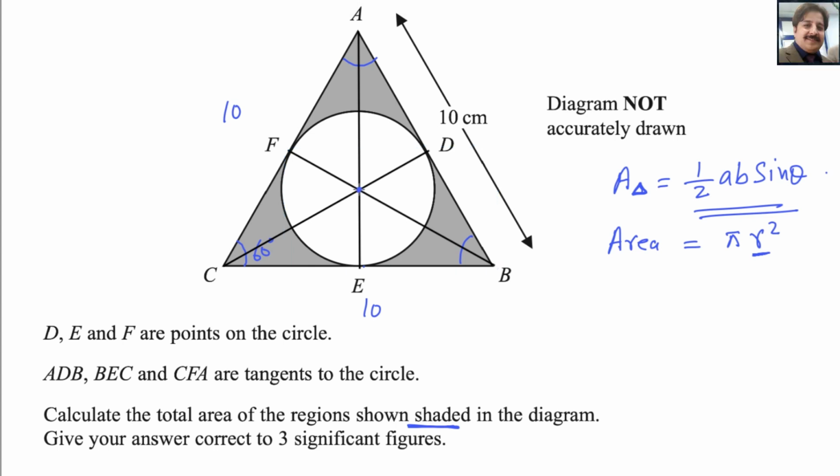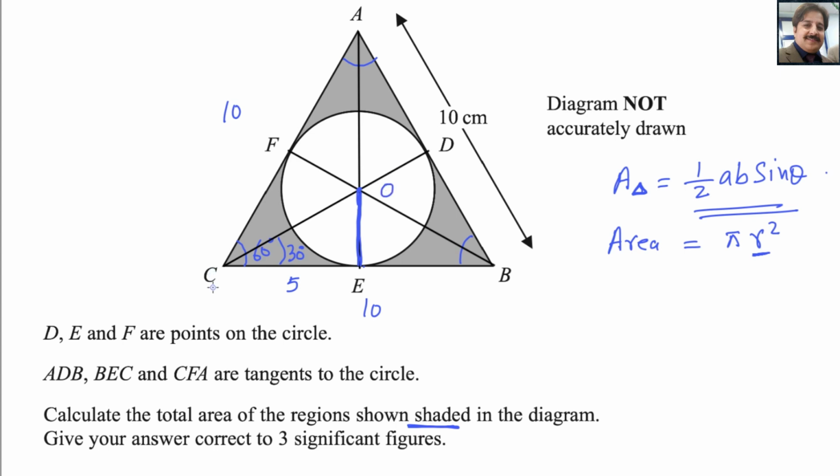This point is the center of the circle, and this will be the radius. If it is the midpoint, we can say this side is 5, and if this angle is 60, it is touching at the midpoint and it is the line of symmetry, so this angle will be 30 degrees for sure. Let's say this is O.